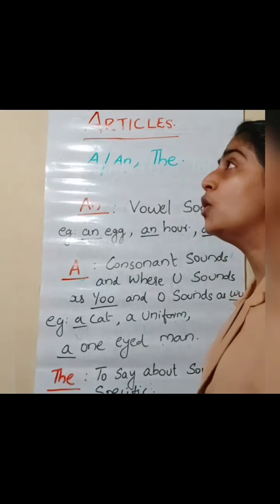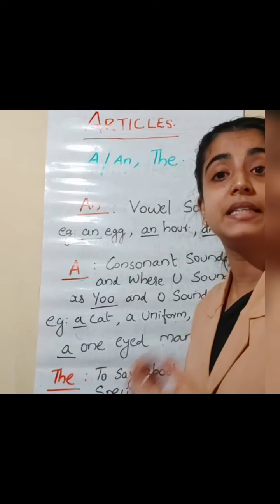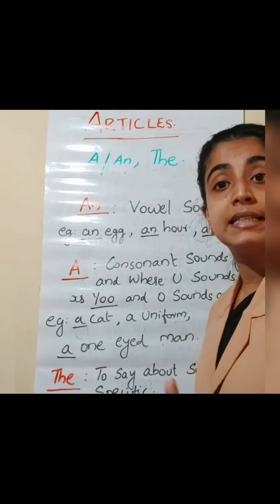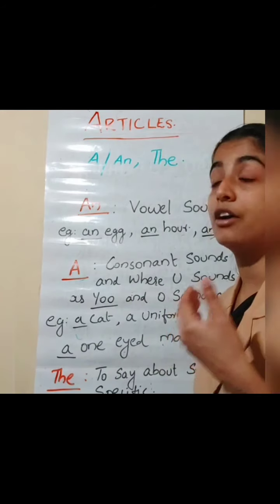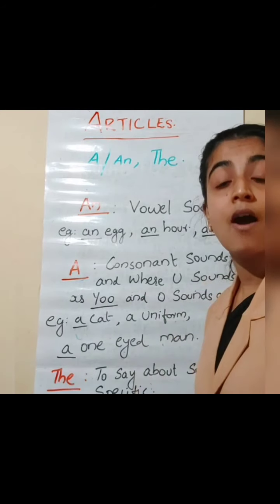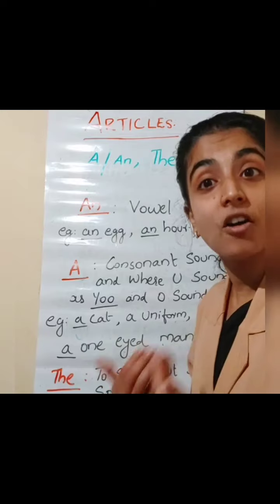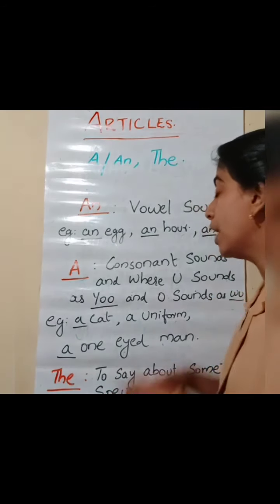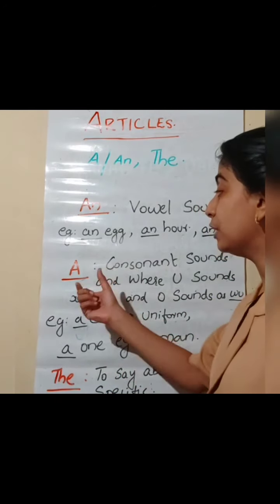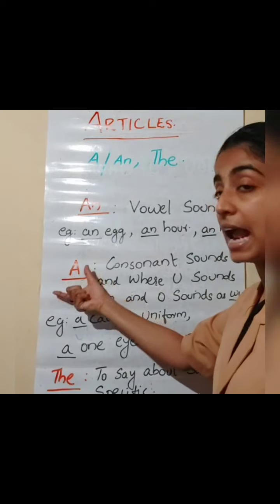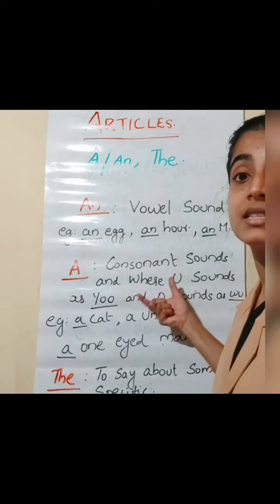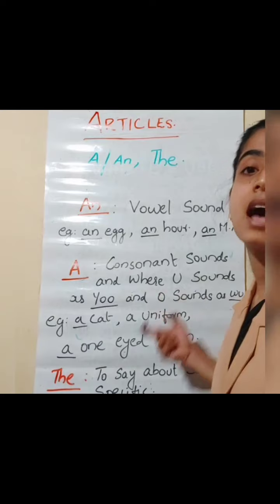You know the consonant sounds like B, K, D, we can say then F, G, H. All these are what? All these are consonant sounds. So it's very important that we use the article A with the words that have consonant sounds.